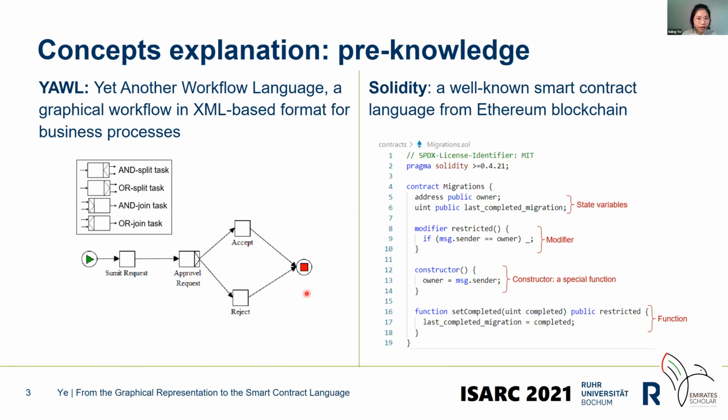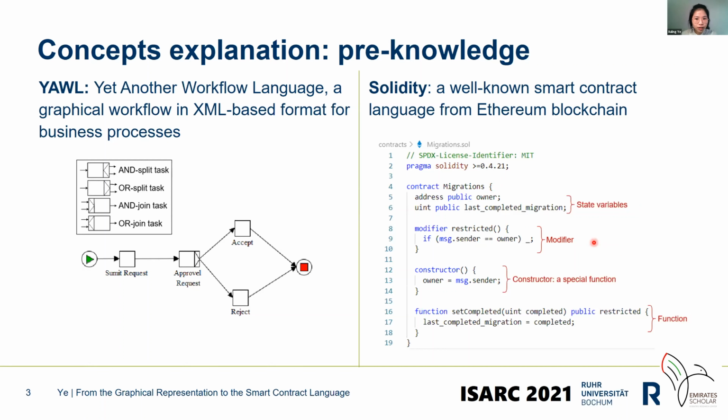and then end. The selected smart contract language is called Solidity, which is a well-known smart contract language from the Ethereum blockchain. In this Solidity example, a contract called Migrations is defined with 2 state variables, 1 modifier, 1 constructor, and 1 function.